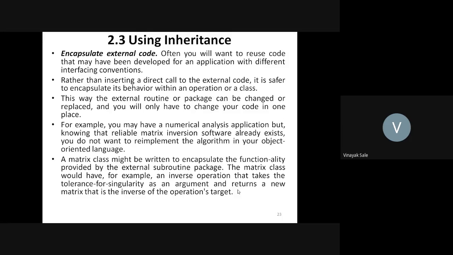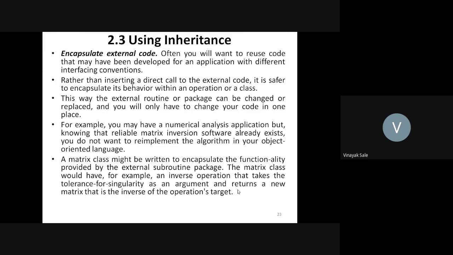For example, you may have a numerical analysis application, but knowing that reliable matrix inversion software already exists, you don't want to re-implement the algorithm in your object-oriented language. The matrix class might be written to encapsulate the functionality provided by an external subroutine package.